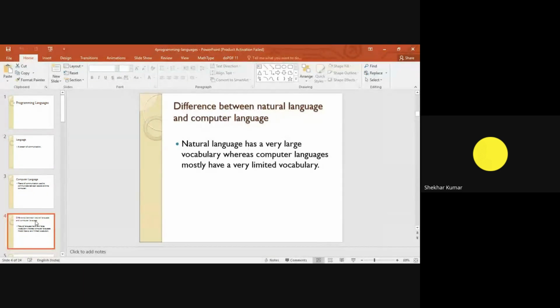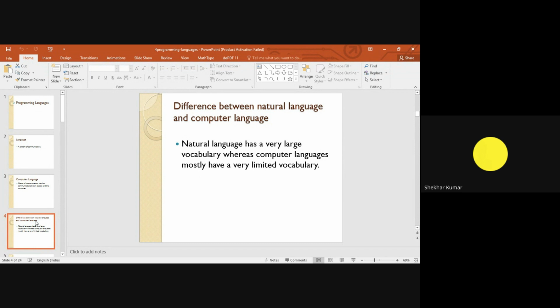What is the difference between natural language and computer language? Generally, the natural language which you use in your daily life has a very large vocabulary. But in computer language, we have a very limited vocabulary, because the computer understands only machine instructions. Machine instructions are represented in the binary form.